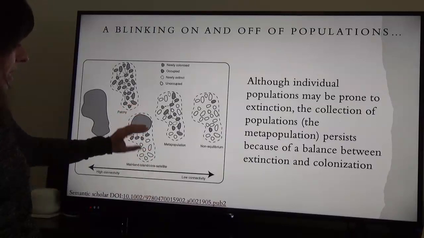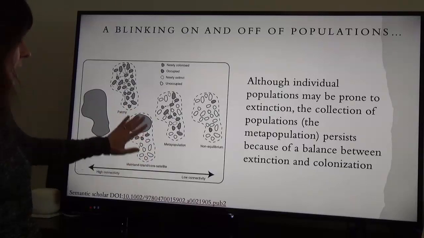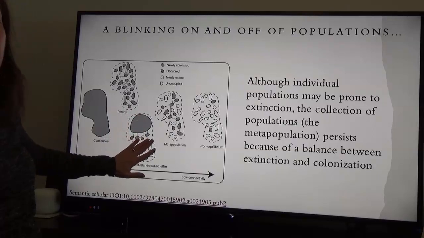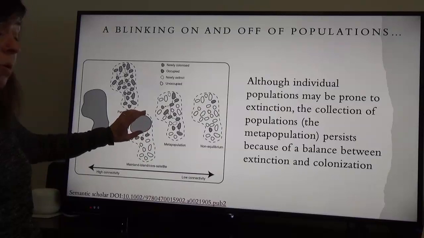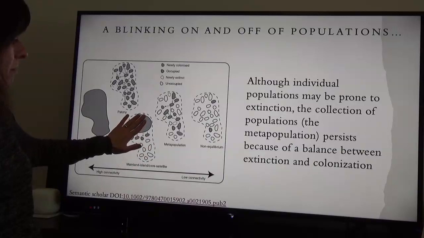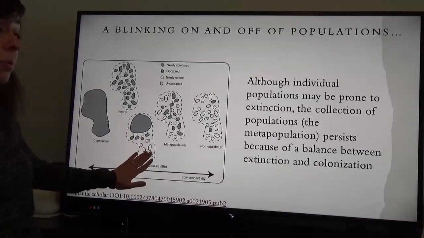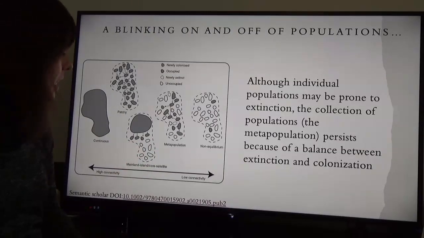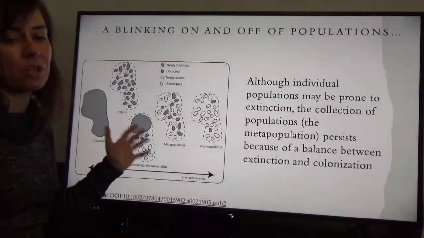So you have a mainland and a bunch of islands, or a core population and a bunch of satellite populations. And the dynamics here often have to do with the distance of the satellite or island populations from this core or main population. So you can see that populations that are closer to this main population are being occupied, whereas populations that are further away are not. This is referred to as the theory of island biogeography. And if you take the biogeography and conservation course, you will learn all about this.